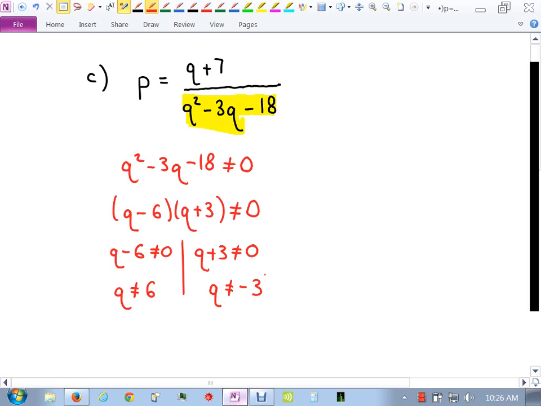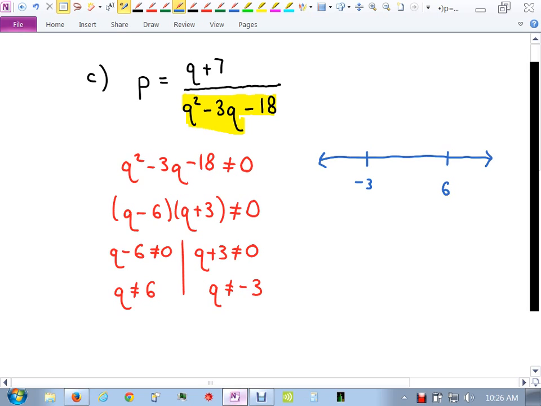Then, how do we write our answer in interval notation? How do we write everything except 6 and negative 3? Well, my recommendation is to draw a number line. Write out the two things you can't have and make sure you put them in the right order. So negative 3 is somewhere. 6 is to the right of it, correct? Okay.